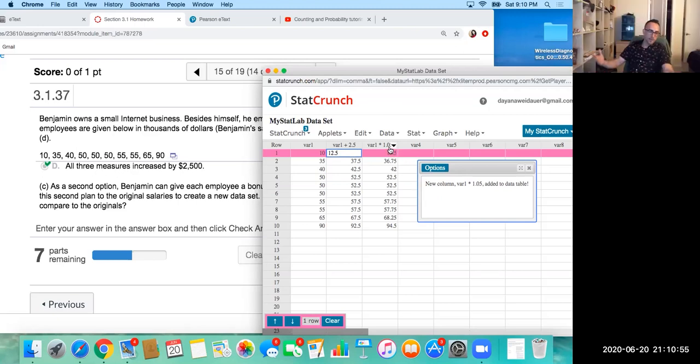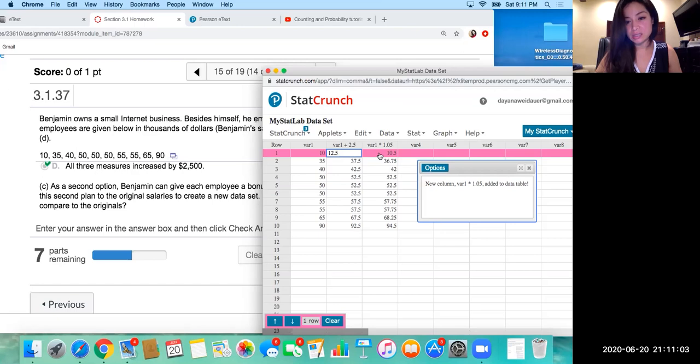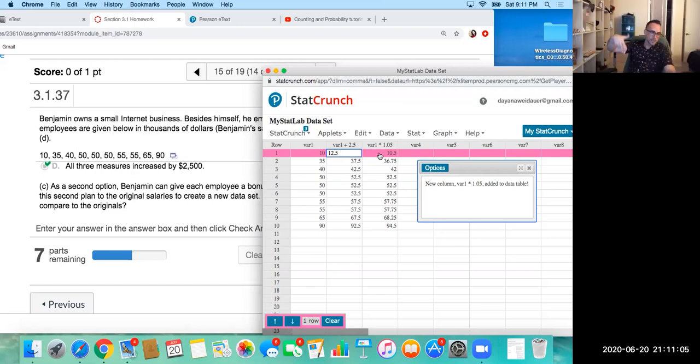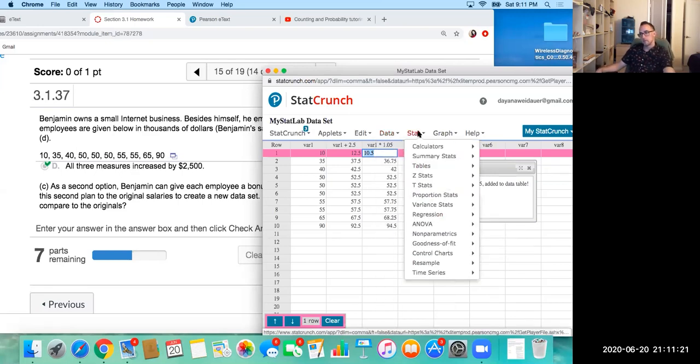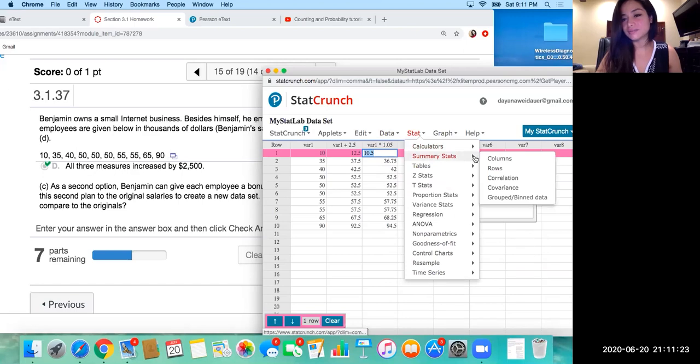My prediction is that the mean, median, and mode are going to increase by 5%. Because we increased everybody's salary by 5%. So if you want to, you can go to stat. You've got to go to stat this time.